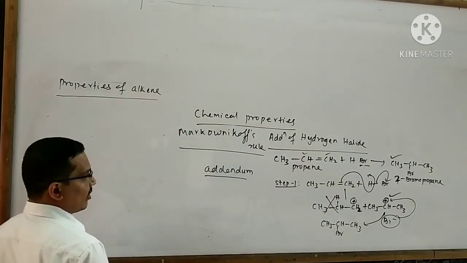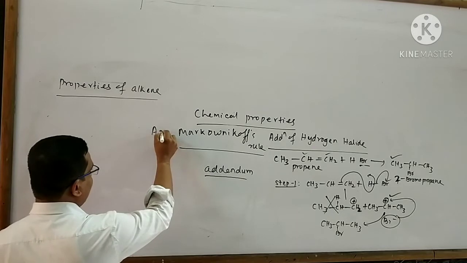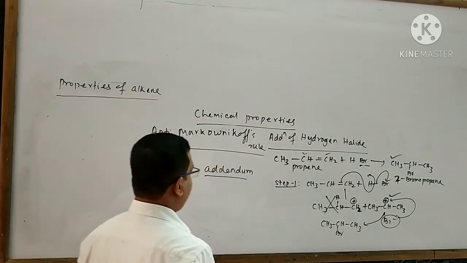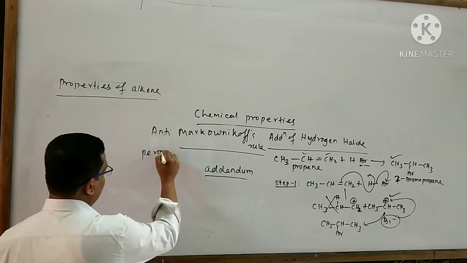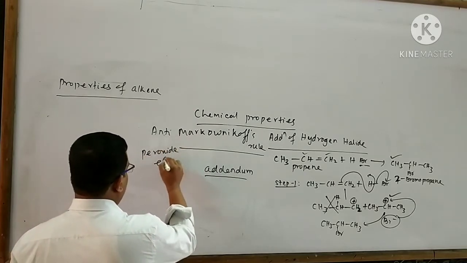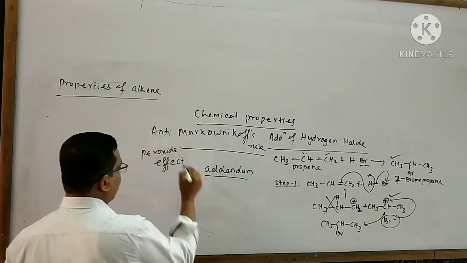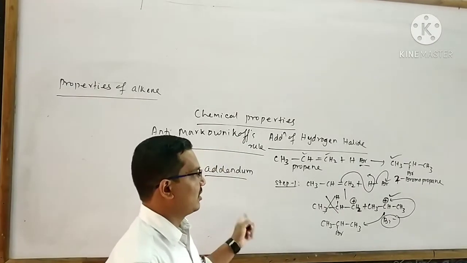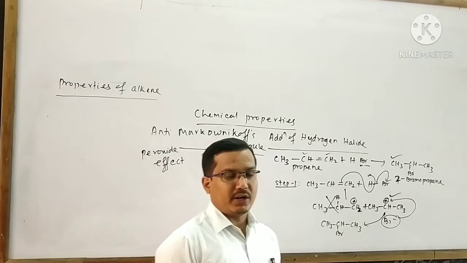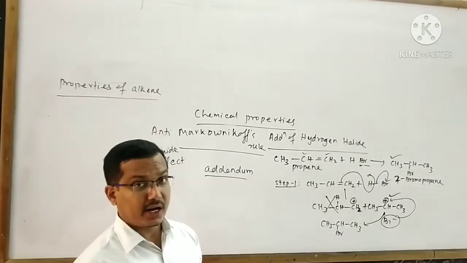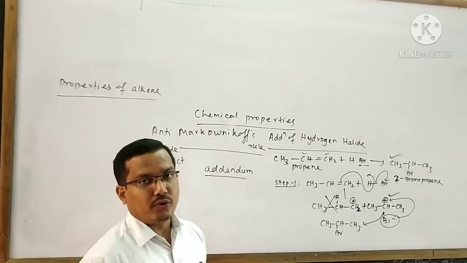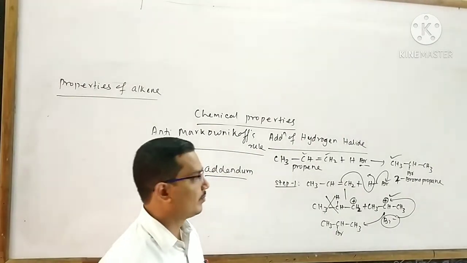Next, I will explain another rule, that is the anti-Markovnikov's rule. It is also called the peroxide effect. It is just the reverse of Markovnikov's rule. That means, according to the anti-Markovnikov's rule, the negative part of the addendum will attach to that carbon which carries more hydrogen atoms.